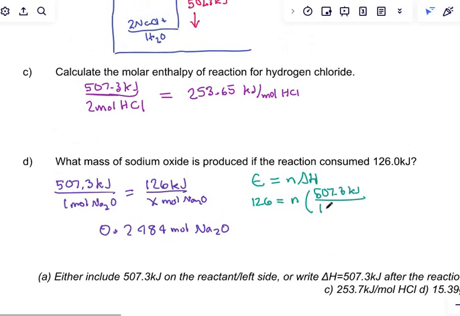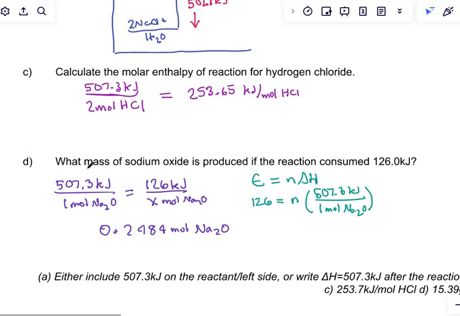And yes, mathematically it's a waste of time to put a division by 1, but if you make yourself do this, then hopefully it'll help you remember when this number is a 2 or a 3, because if you forget a 2 or a 3, very bad. If you divide this, you will find the exact same n, so we're getting 0.2484 moles of sodium oxide.